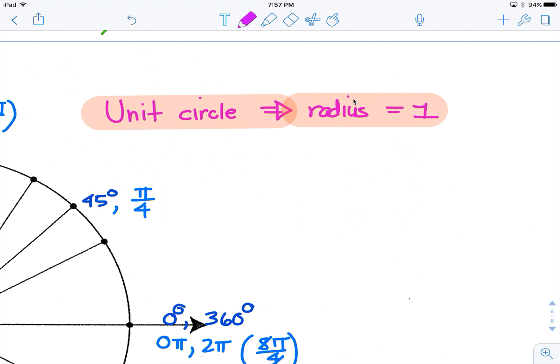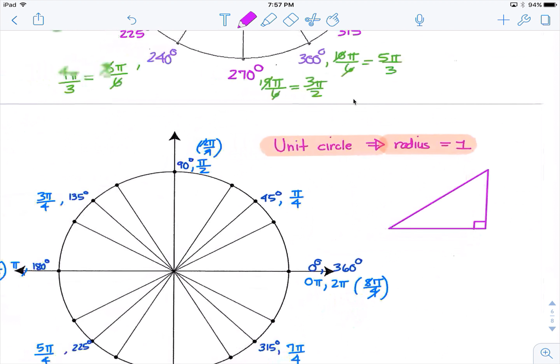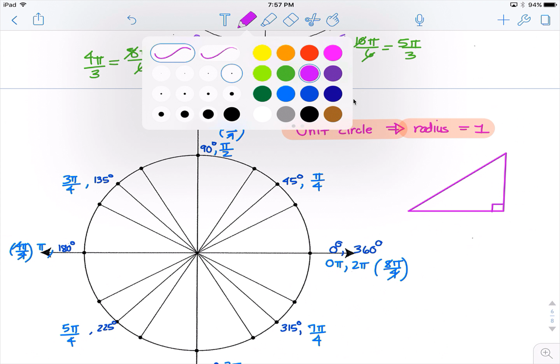Because the radius is equal to 1, we're able to apply a right triangle and use Pythagorean theorem.